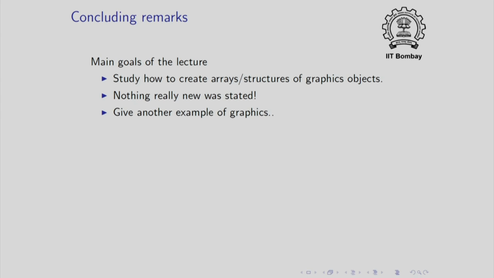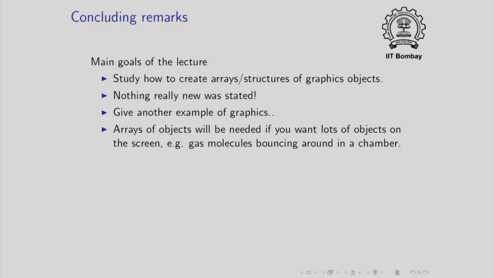Then we did a fun example of graphics, and I should point out that arrays of graphics objects will be needed if you want lots of graphics objects on the screen. For example, you may be writing a program to simulate the movement of gas molecules bouncing around in a chamber. Perhaps you have studied kinetic theory of gases, where you have gas molecules bouncing, and you may want to know, well, let's see what a gas looks like.